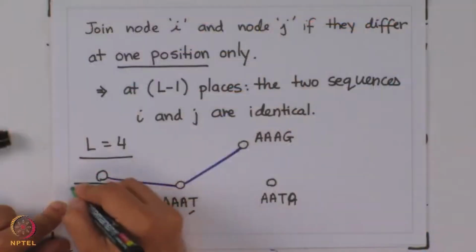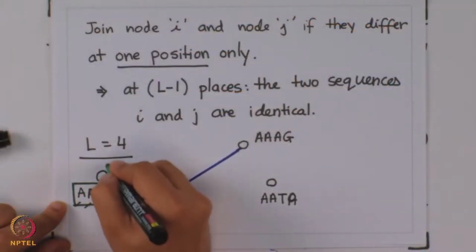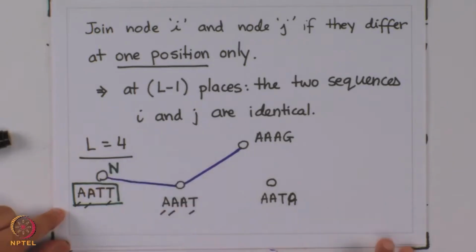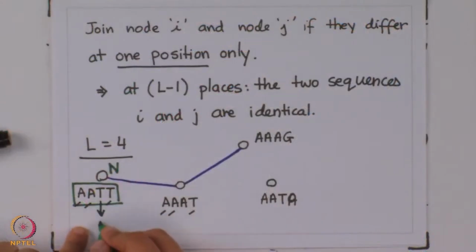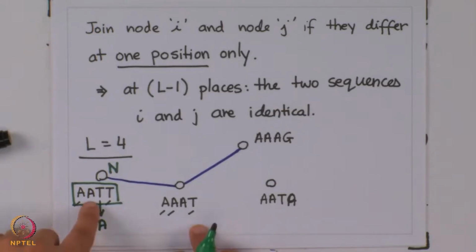For instance, if I have a population such that its genotype is this one, AATT, all n individuals belong to this particular genotype. Now, what might happen is that one of these individuals might acquire a mutation, and that mutation is going to be a single nucleotide, which is called a point mutation, and during that mutation this T might get changed to an A, which means the mutant individual has jumped from this sequence to this sequence on my graph.